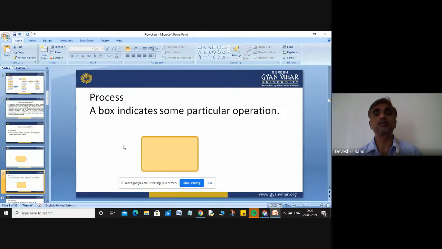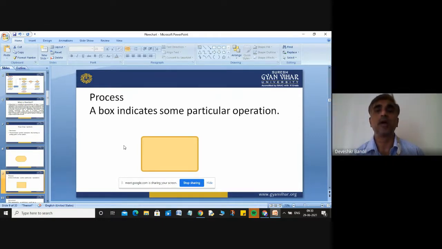Your box indicates some particular operations. When you write a program or solve any problem, you will make a flowchart, an algorithm, and a program. In your program and algorithm, some operations will be used, and all your operations you will write in this box. Means your box indicates some particular operations.